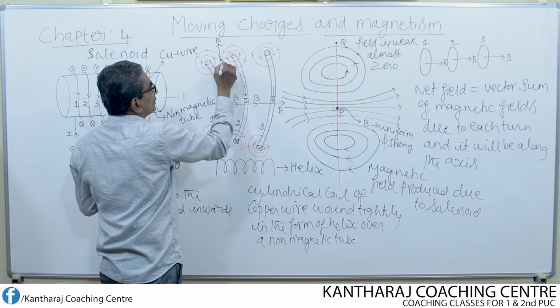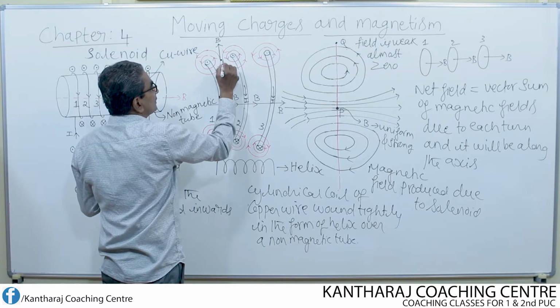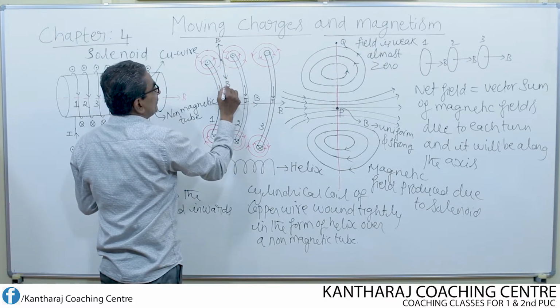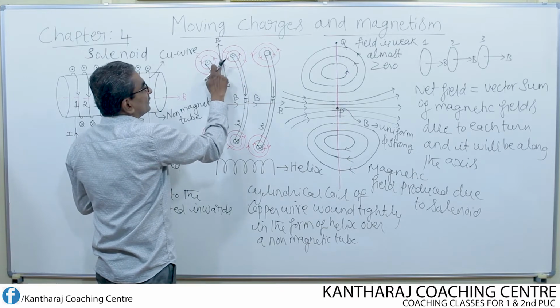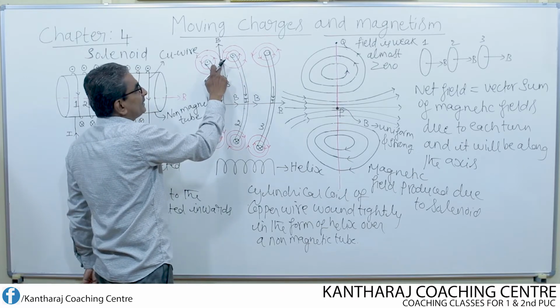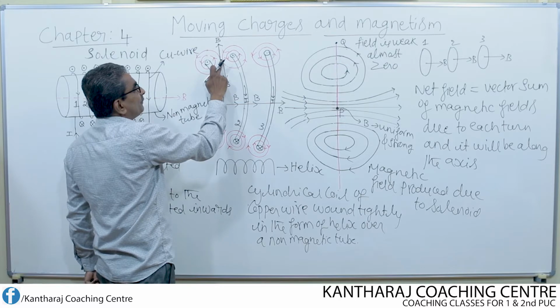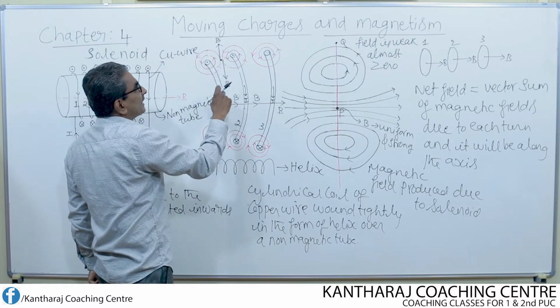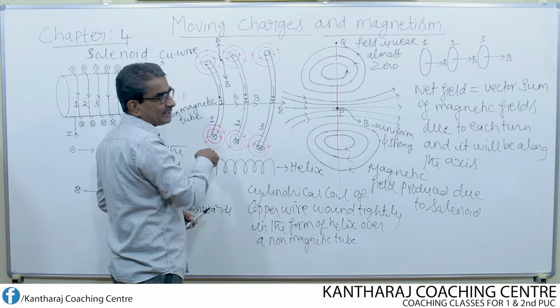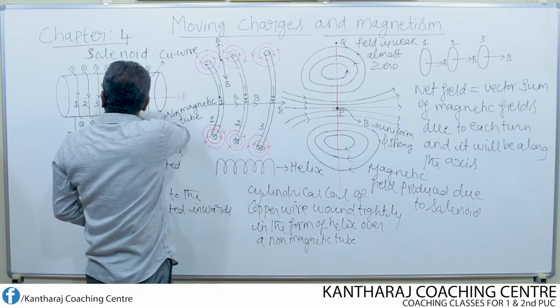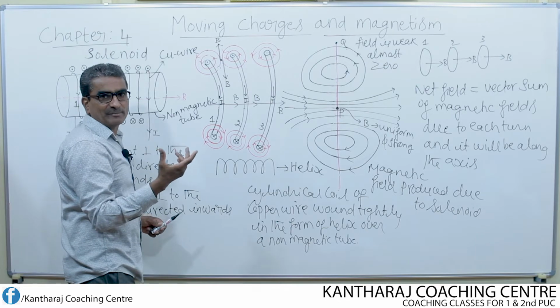What will be the magnetic field direction? Look here, this is the magnetic field due to the second turn with respect to this point. So totally at this point the magnetic field is found to be in the opposite direction, the same in magnitude, because the same current is flowing and the diameter of the solenoid is also the same.